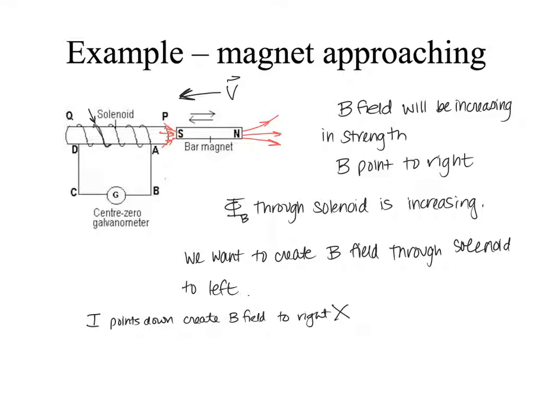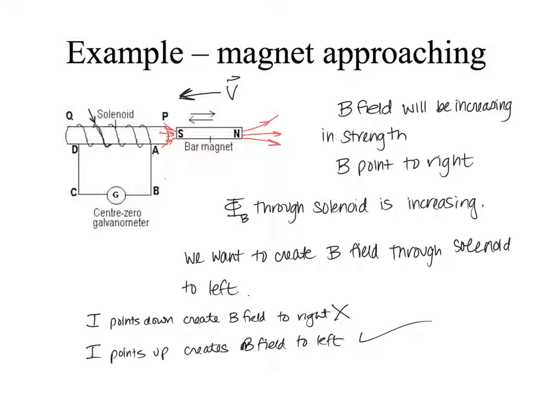And so I try a current up, so I point my thumb up, I'm looking at one of those turns, I'm looking at what my fingers are doing behind my thumb because that's inside the solenoid, and I find that if a current points up, it creates a magnetic field to the left.